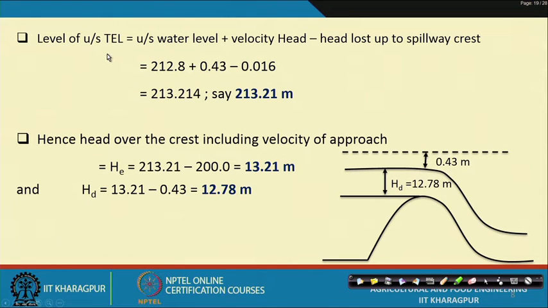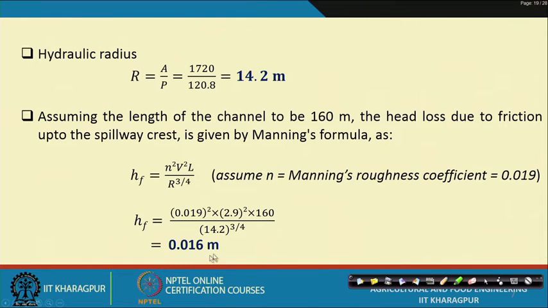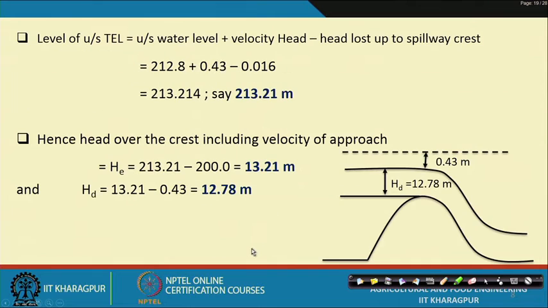Now, the level of the upstream water. Upstream water level plus the velocity head minus the head lost up to the spillway crest. Here the upstream water level was calculated as 212.8, the velocity head we calculate as 0.43, and the head loss due to friction was 0.016 that we calculated here, and that comes out to be 213.2 meter.